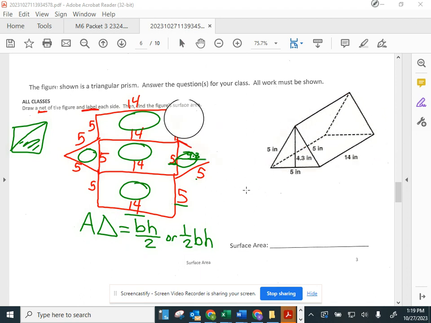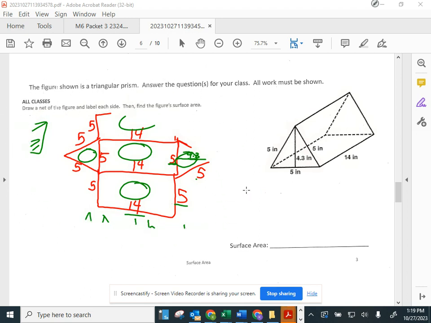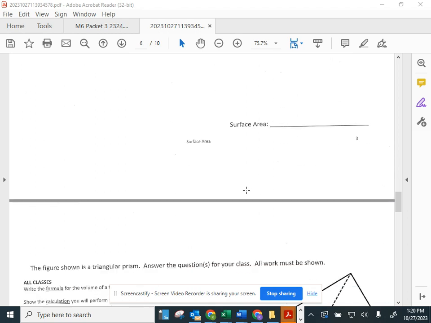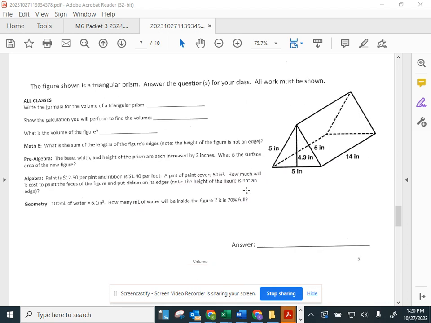Now our next page, this is important because we have a new formula to know. Because now we're finding the volume of a triangular prism. We know that to find the volume of a rectangular prism is length times width times height. So with the triangular prism, remember it was base times height. Now we're adding in our length.